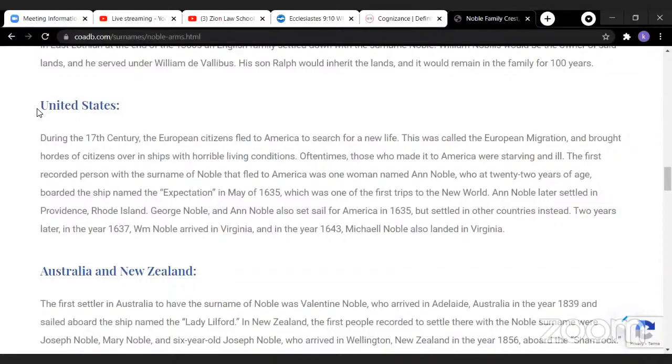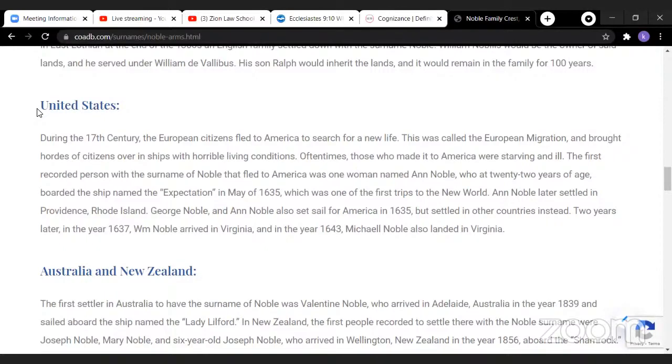In the United States, during the 17th century, European citizens fled to America to search for a new life. This was called the European migration and brought herds of citizens over in ships with horrible living conditions. Oftentimes, those who made it to America were starving and ill.